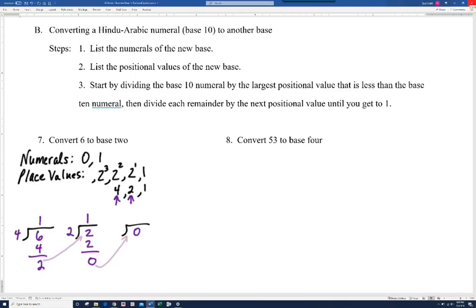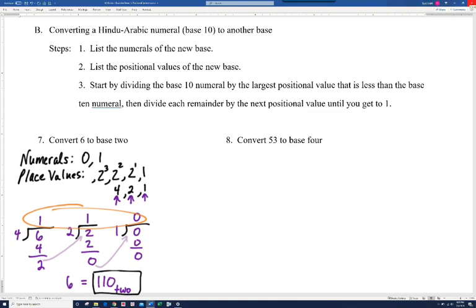And our divisor is our positional value. It's going to be the ones place. And so how many times does 1 go into 0? 0 times. 0 times 1 is 0, and when we subtract, we get 0. And so we're done here. We've divided by all the positional values until we get to 1. So our answer is 110, and so 6 is equal to 110 base 2.